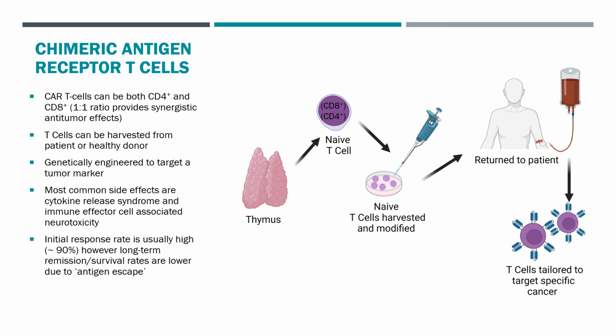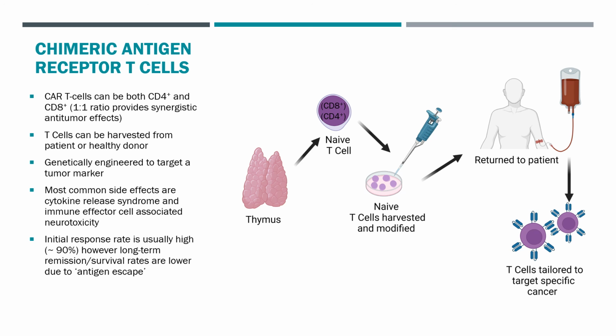They may not have the best population to harvest from. And as we mentioned, we are genetically modifying these cells so that they can recognize a very specific feature, oftentimes a tumor marker that isn't expressed in normal tissue.